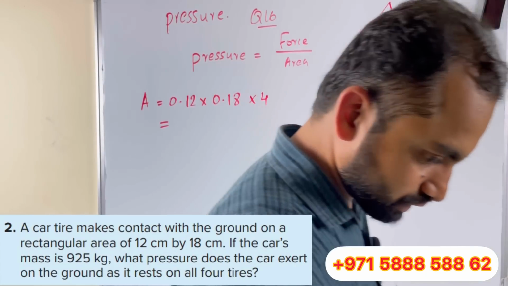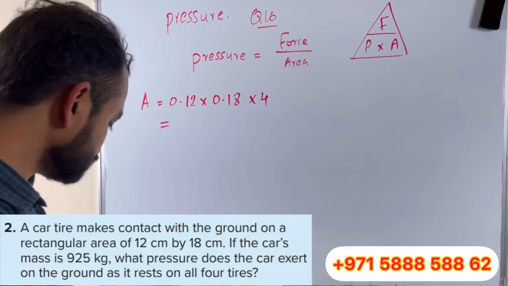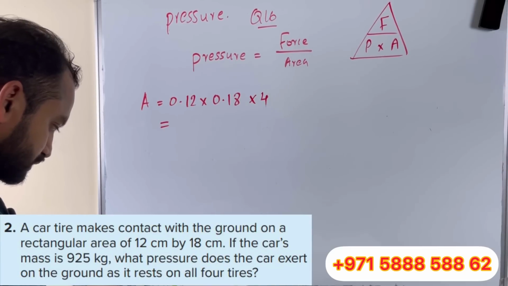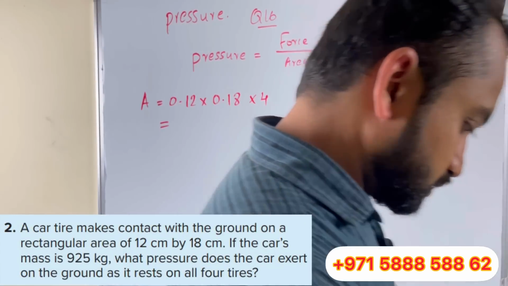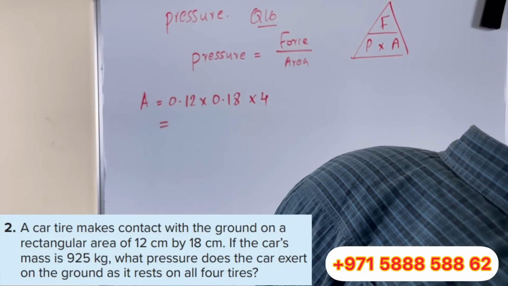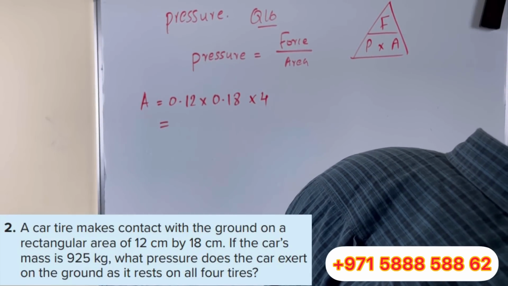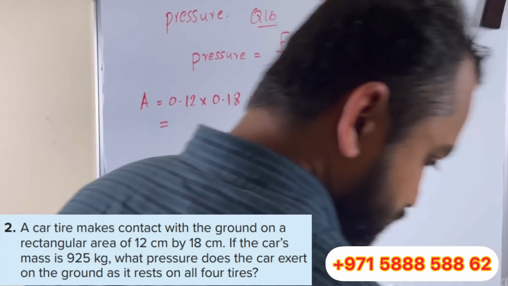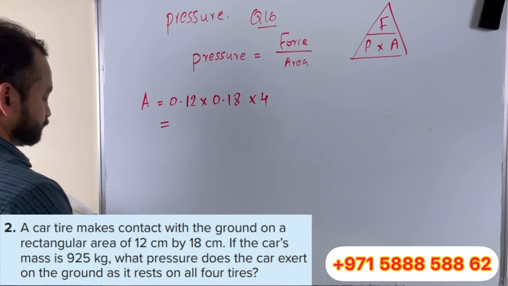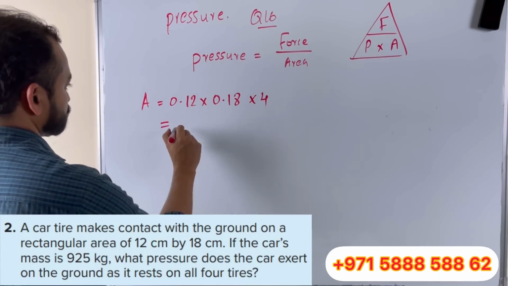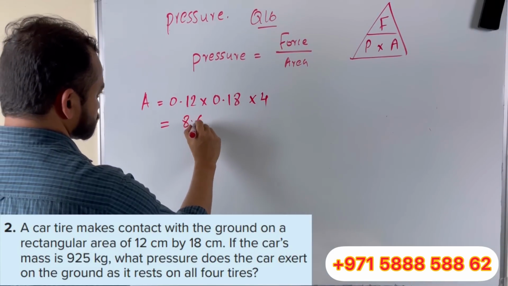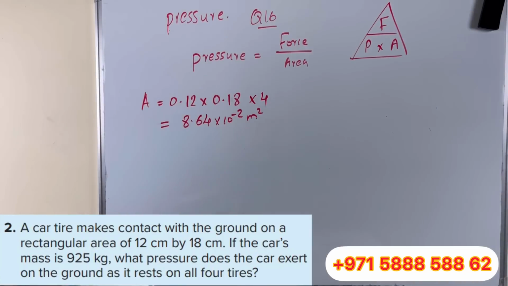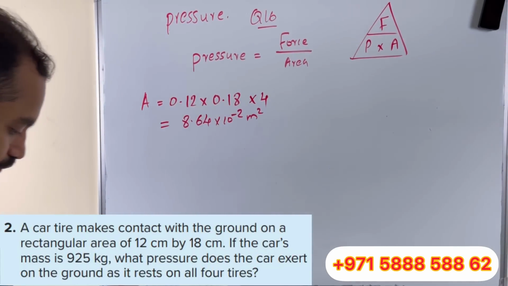Total area of contact equals 0.12 multiplied by 0.18 multiplied by 4, which is 8.64 multiplied by 10 to the power negative 2 meter squared. That is the area of contact of all the 4 tires of the car.